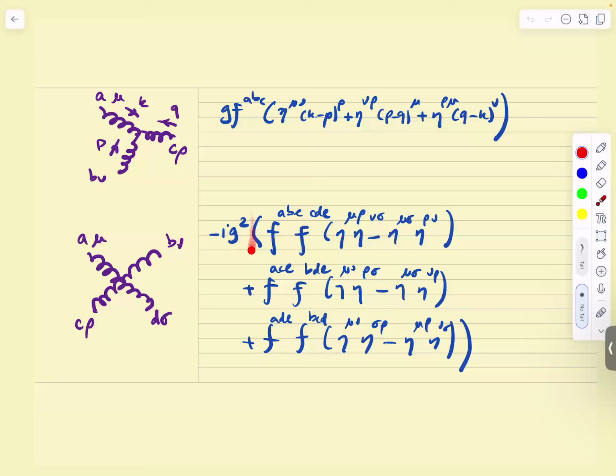So here's what it looks like. First of all, it's order g squared, because the piece of the covariant derivative that has an A comes with a g. There will be a multiplication of structure constants. So it's second order in structure constants, and this is the structure. All right, questions?